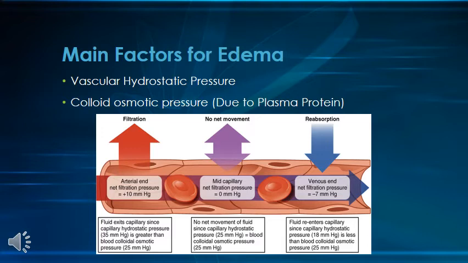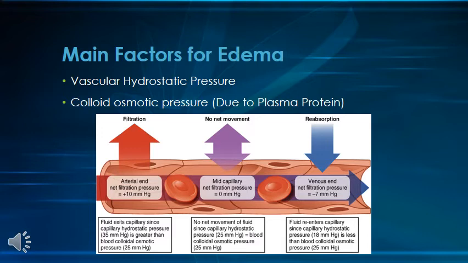Okay, on the other hand, at the reabsorption side, or venous side, hydrostatic pressure is 18 millimeter of mercury, but osmotic or oncotic pressure remains the same, 25 millimeter of mercury. So if osmotic pressure is greater than hydrostatic pressure, then net filtration pressure will be minus 7.